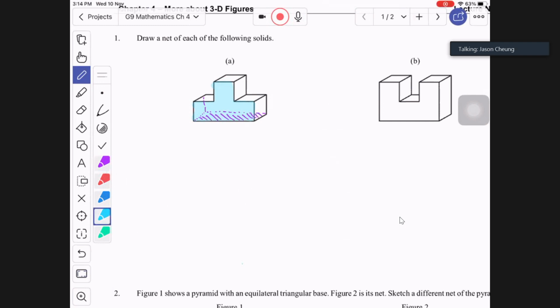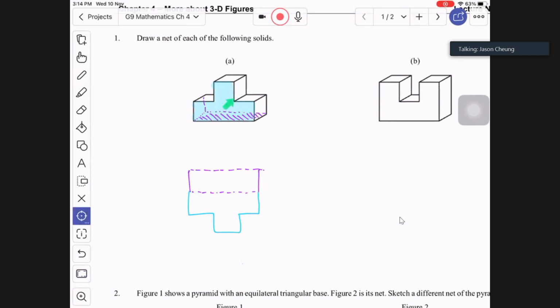First of all, I will try to draw it like this. I will try to draw this one, and then in between we have the purple thing, right? 係個底嗰個紫色㗎嘛，所以我哋畫咗底紫色先啦。All right, and then we can foresee that the opposite of this blue plane will have another of the same shape, so I will draw it like this.